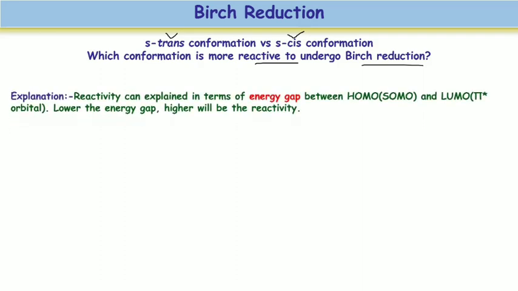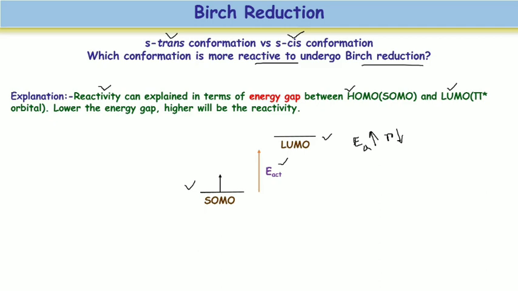Whenever we are talking about reactivity, it can be explained in terms of the energy gap between HOMO and LUMO. So if it is the HOMO or SOMO, singly occupied molecular orbital, and this is the LUMO, lowest unoccupied molecular orbital, the energy gap between HOMO and LUMO can be denoted as EACT, that is activation energy. Now if activation energy is higher, then the rate will be slower.